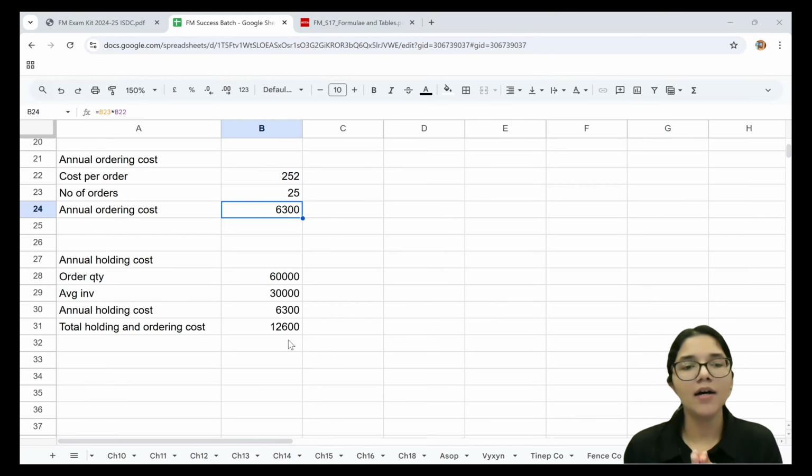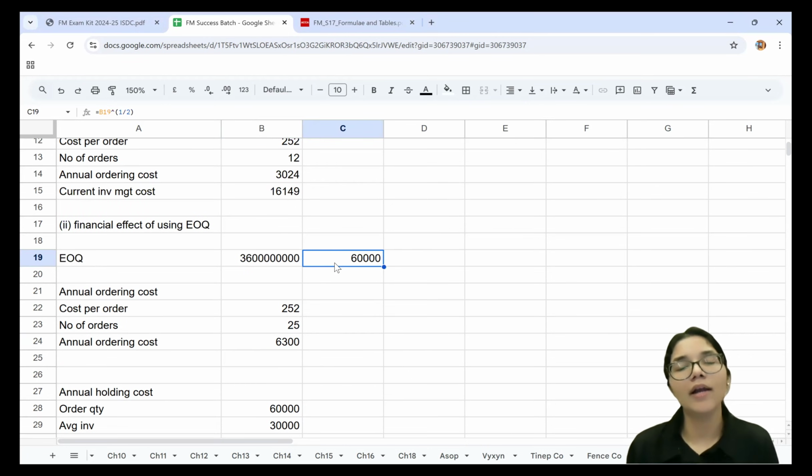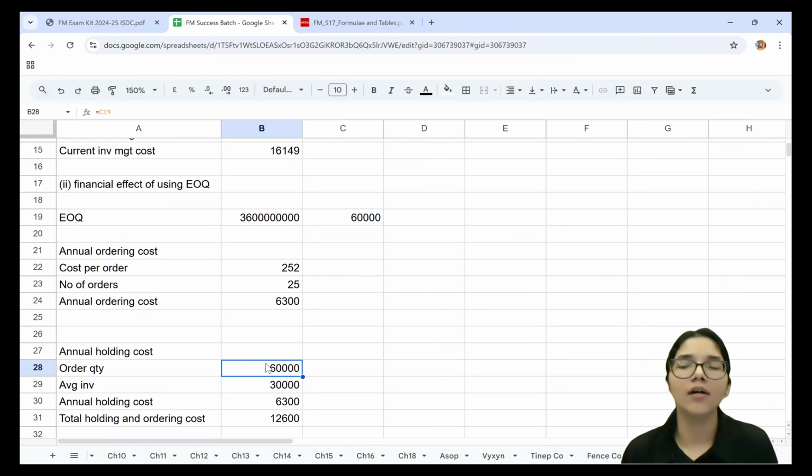Okay. So here, when I talk about the holding cost apart from the finance cost, how many units am I going to be holding here? My order quantity, because using the EOQ model I got my answer as 60,000 units. Each order, I'm placing an order for 60,000 units. That means how much will my average inventory be? My average inventory will be the order quantity divided by 2.